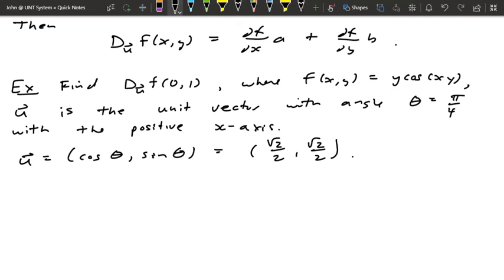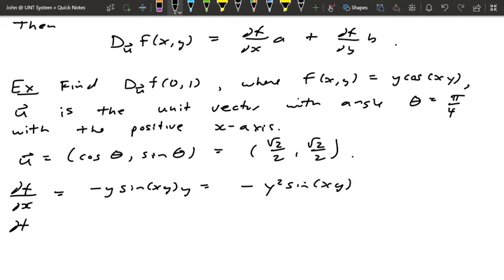Let's calculate the partial derivatives of f, del f del x. There y is a constant, so that's minus y sine xy times y, or minus y squared sine xy, and del f del y. There x is constant, so we're going to use the product rule.